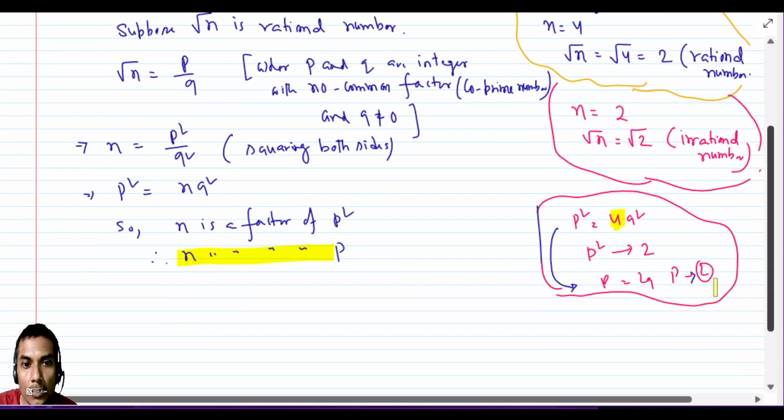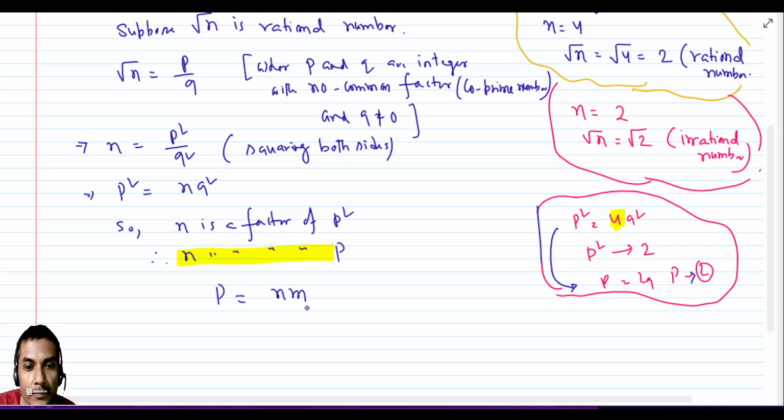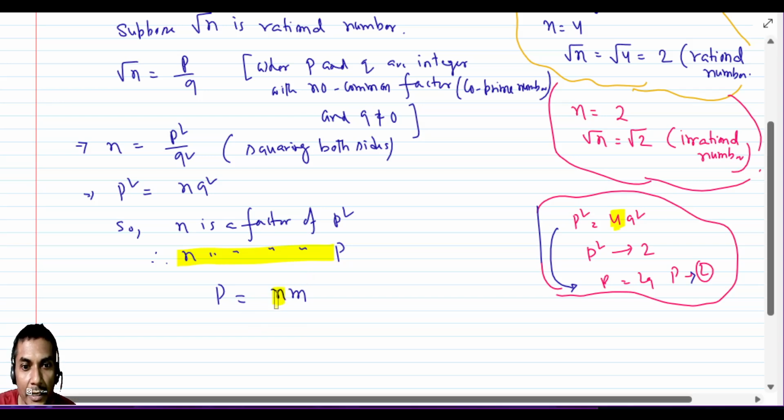So we can consider p equal to nm, where m is an integer. Because p is a multiple of n, or n is a factor of p, so it is a multiple of n, correct?